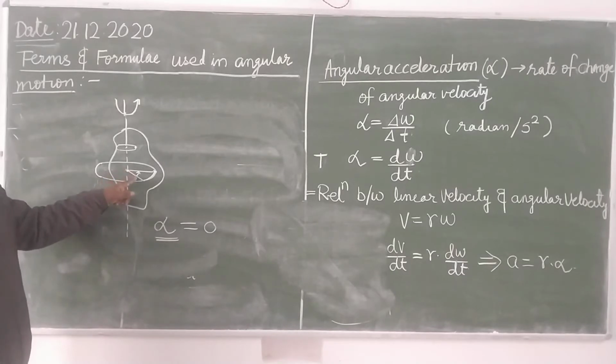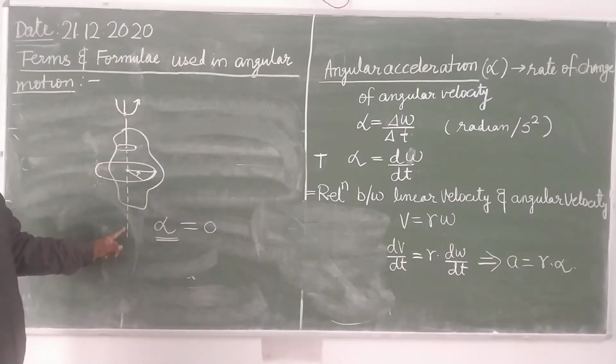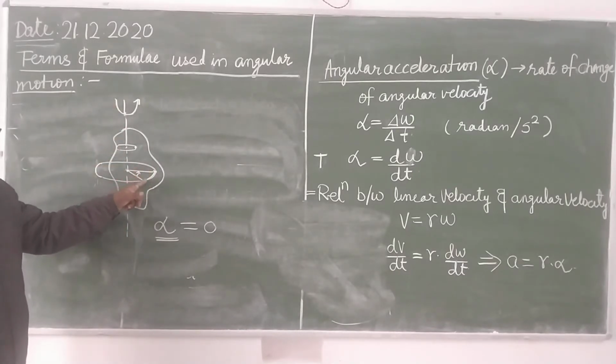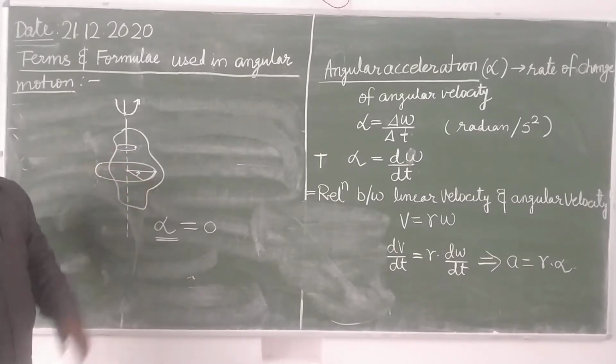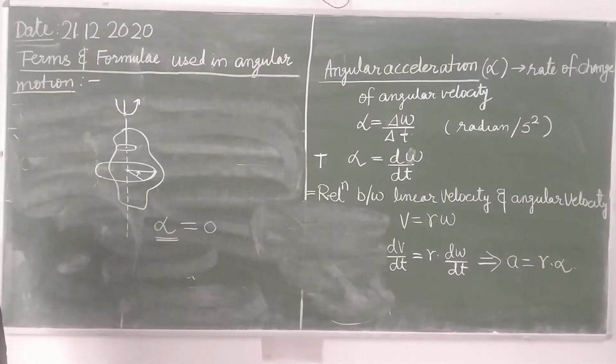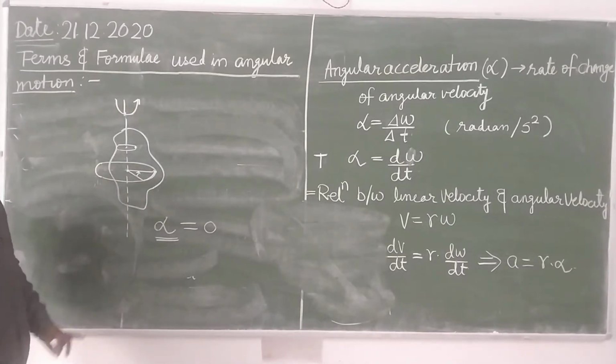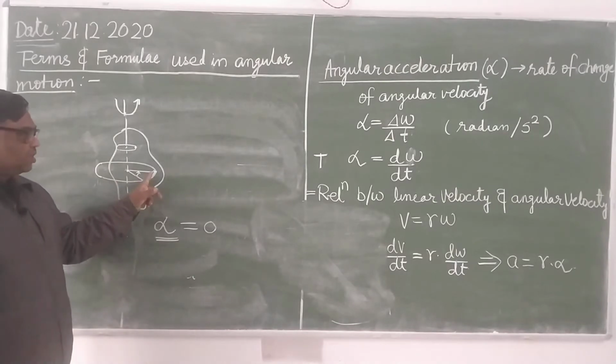Besides the angular motion about the axis, the particle will also have linear motion along the circumference of the circular path. It means the particle has angular velocity as well as linear velocity. And why is it having linear velocity? Because the particle is describing motion over the circumference of the circular path.